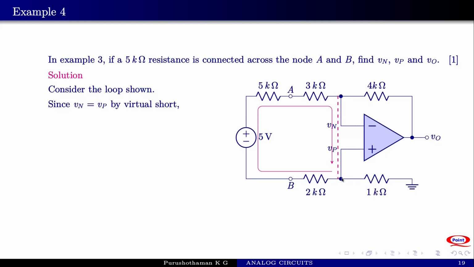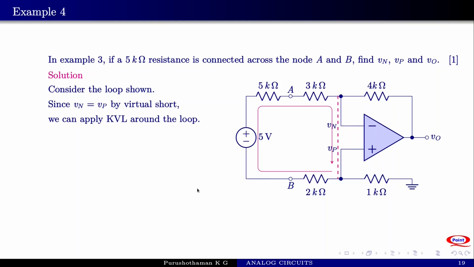So the voltage across this lead is equal to 0. So as far as voltage is concerned, you can consider this as a closed loop and you can apply Kirchhoff's voltage law. Remember that the current is not flowing through this path because there is no actual short circuit here. This is only a virtual short.